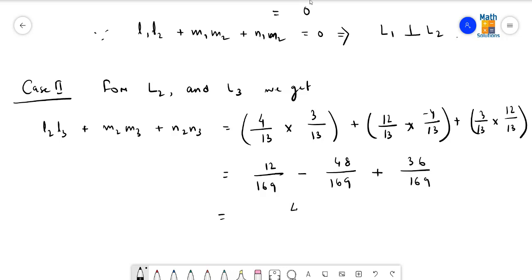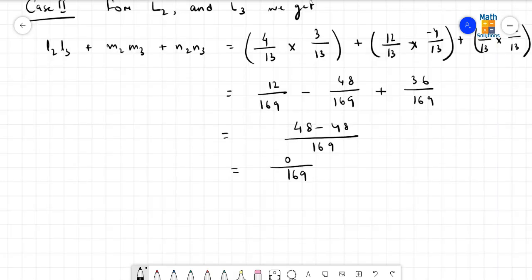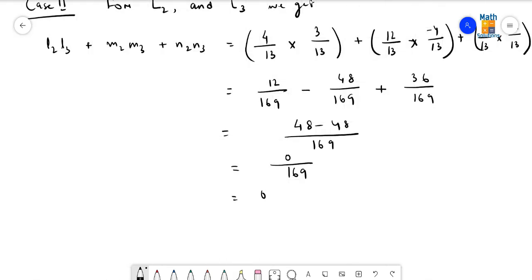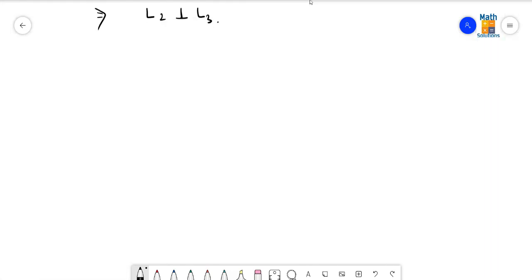Same is the case here also, 48 minus 48 by 169. The result comes as 0 by 169, so the answer will be 0. So this implies that L2 is perpendicular to L3. This is case 2. Then coming to case 3.